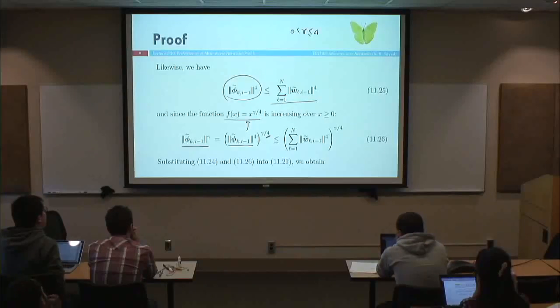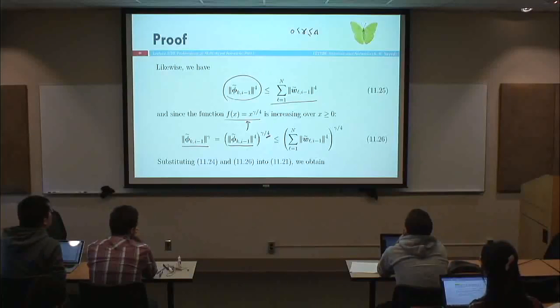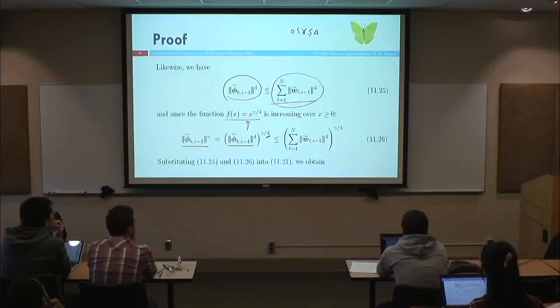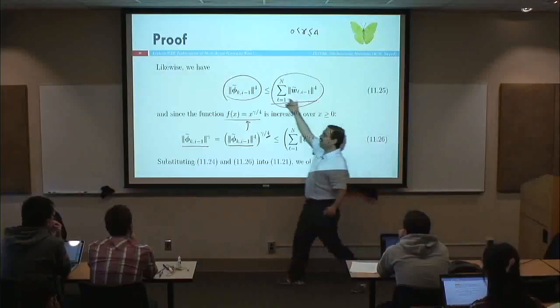So this is upper bounded, right? This is upper bounded by, oh okay, so here, if I evaluate the same function at a larger number, it will be larger, right? That's all it's saying, because this is larger than that.